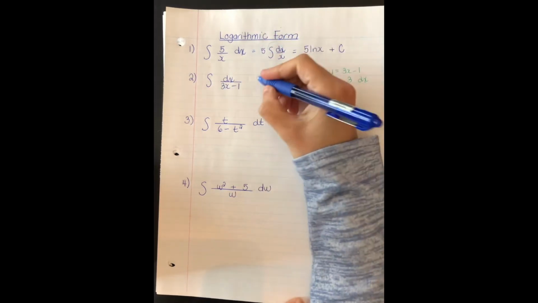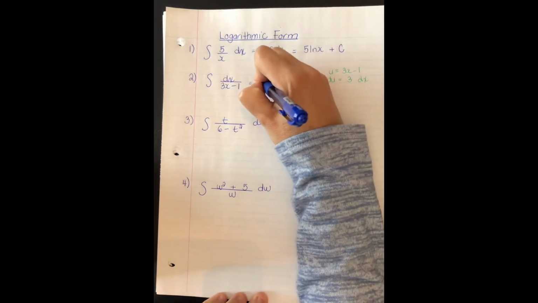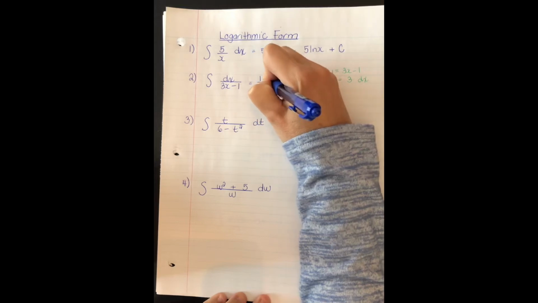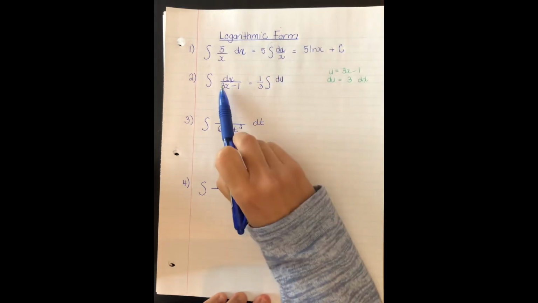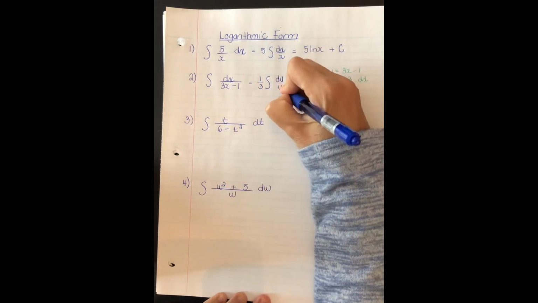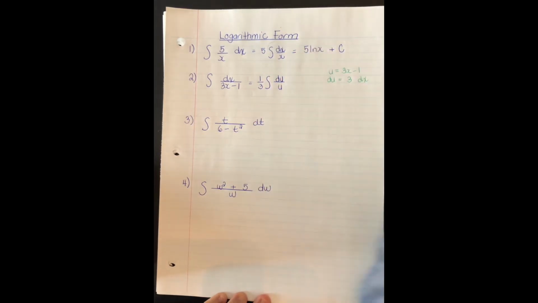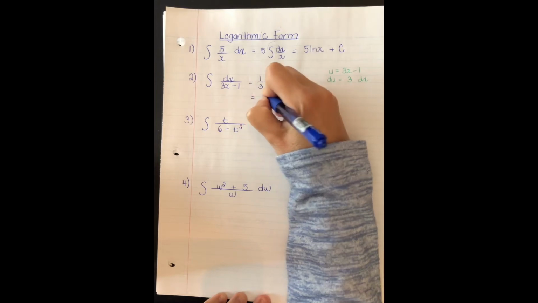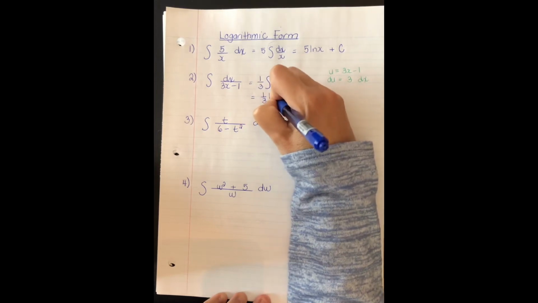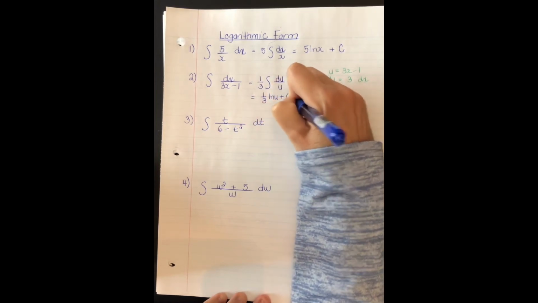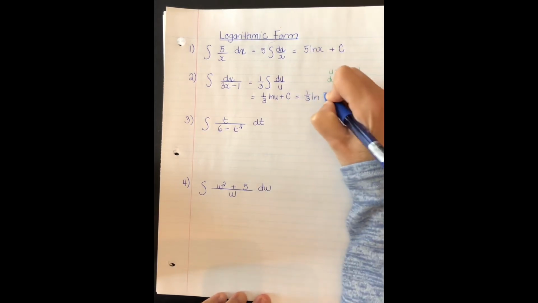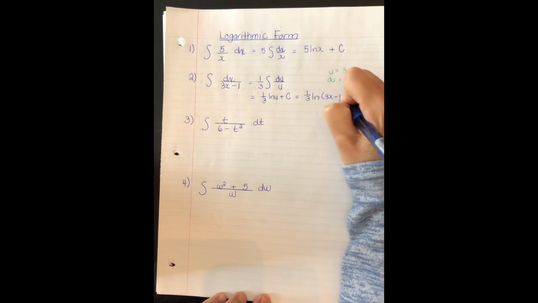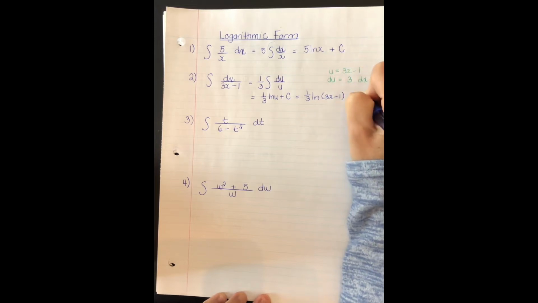So what we actually have is 1/3 of du in the top, and in the bottom is our u. Okay, so we end up with 1/3 ln u plus c, and that is 1/3 ln of 3x minus 1 plus c.